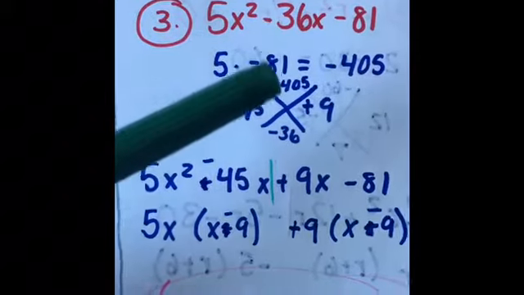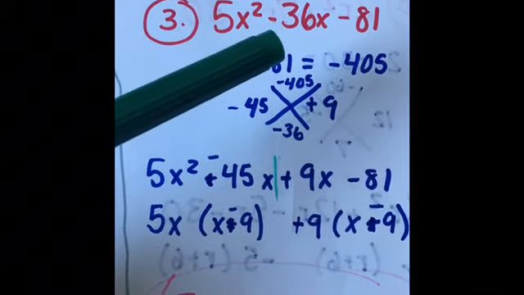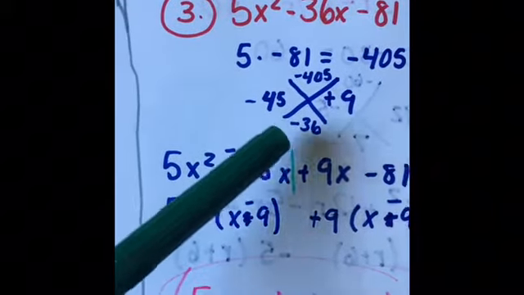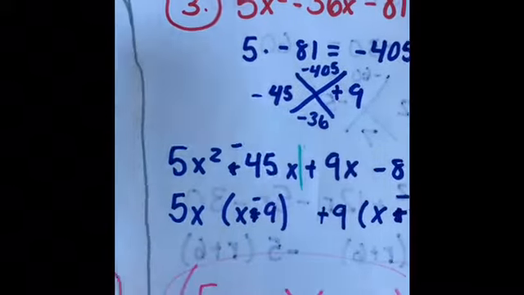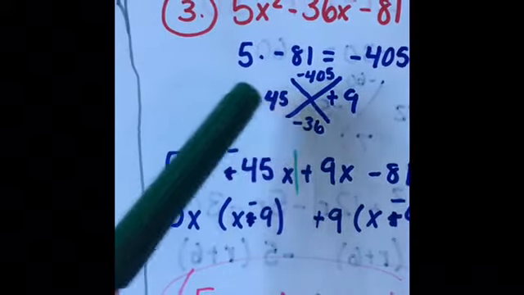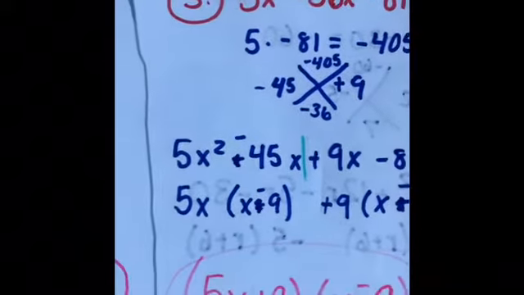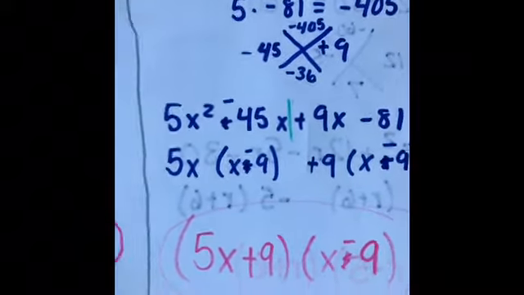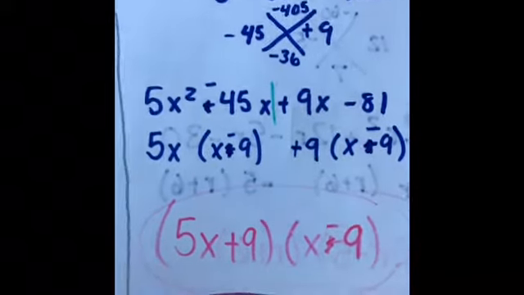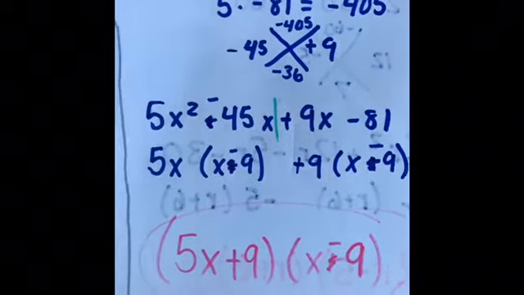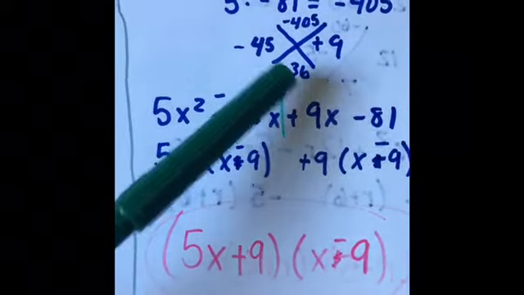So we need something that multiplies together to get negative 405, and if you add it together, it's negative 36. It's going to be negative 45 and 9. See, originally I accidentally put negative 9 here. So see, everybody makes mistakes. We know that negative 45 plus 9 is going to equal negative 36.